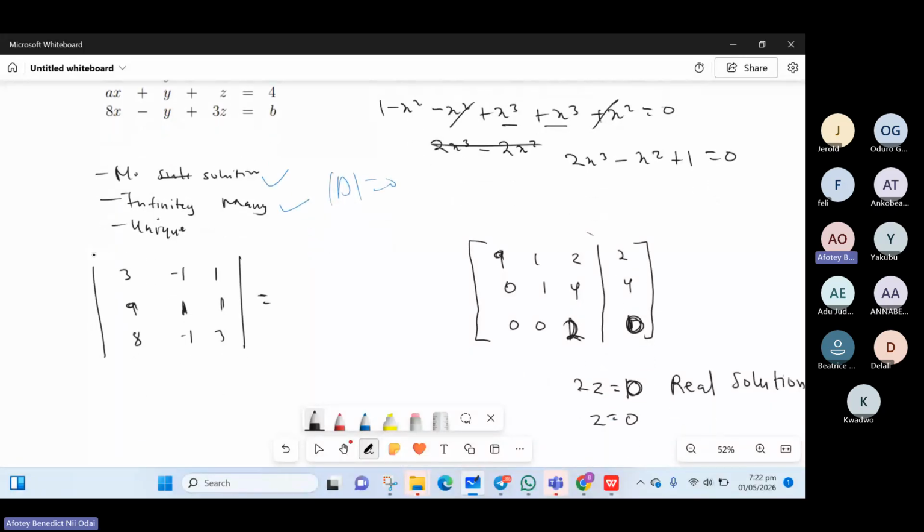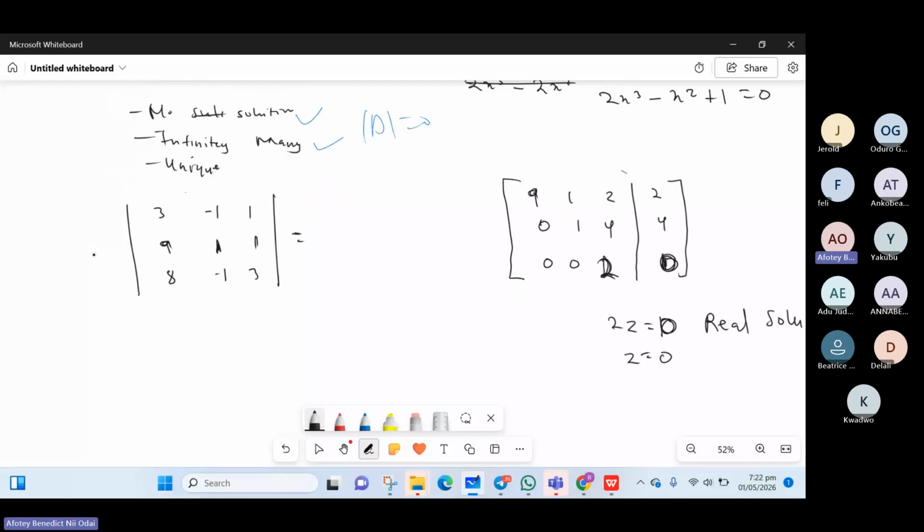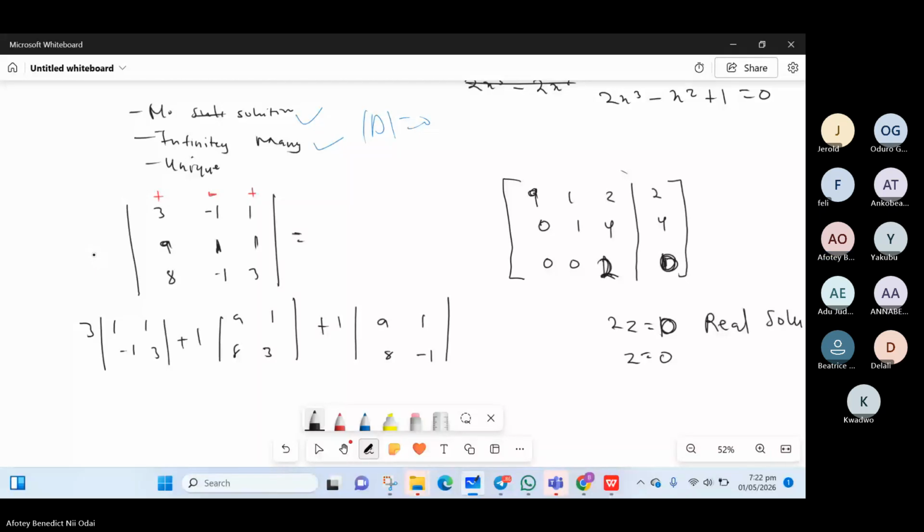We are basically finding the determinant of the matrix. We have 3 multiplying the matrix 1, 1, negative 1, 3. We have negative 1, but it's positive because we are using the formula plus, minus, plus. So this becomes plus 1 multiplying the matrix a, 1, 8, 3, plus 1 multiplying the matrix a, 1, 8, negative 1. We have this. So let's simplify this.